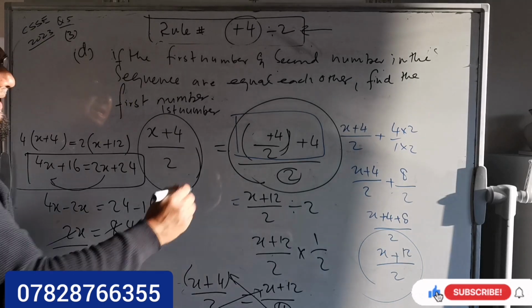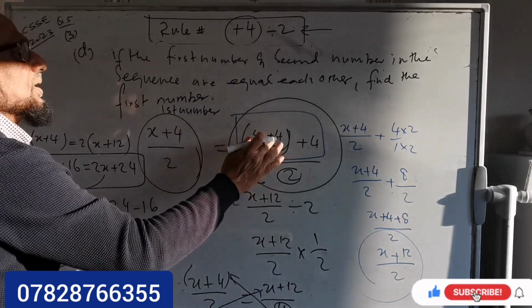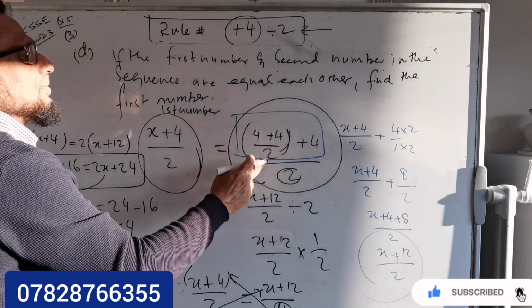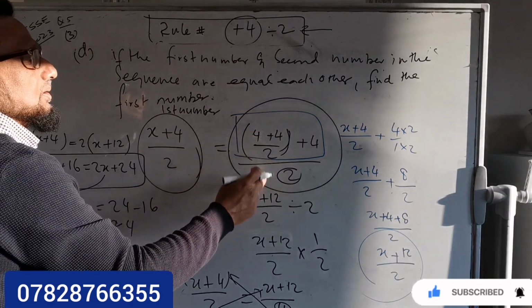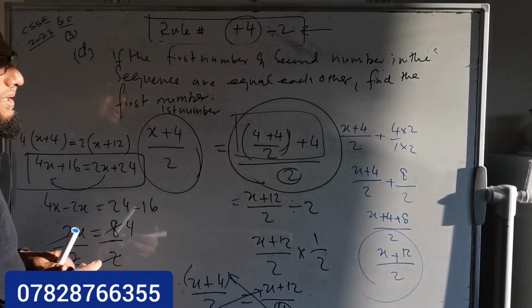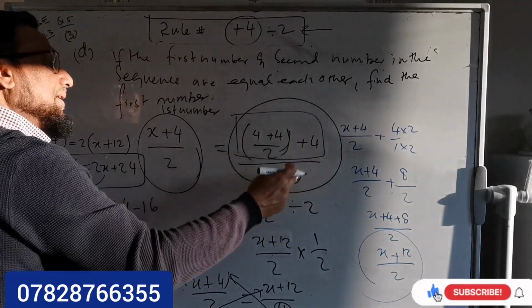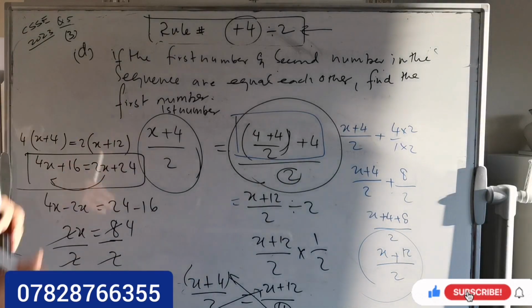Instead of x, I put 4 here. 4 plus 4 is 8, and 8 divided by 2 is 4. And 4 plus 4 is 8, and 8 divided by 2 is 4.